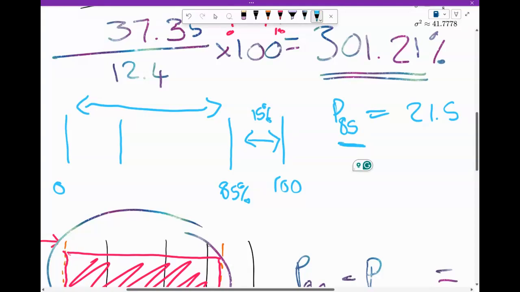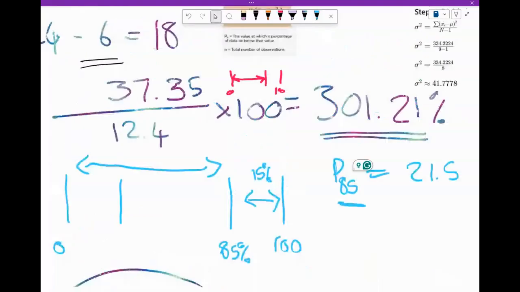It tells us that 85% of our data is below what? Yes. The amount of newspapers sold.